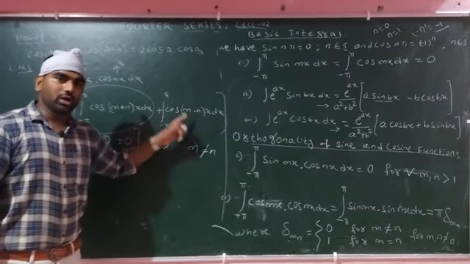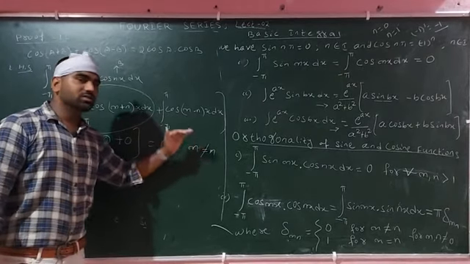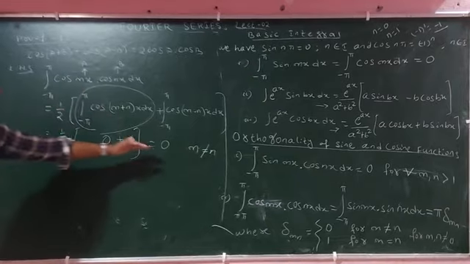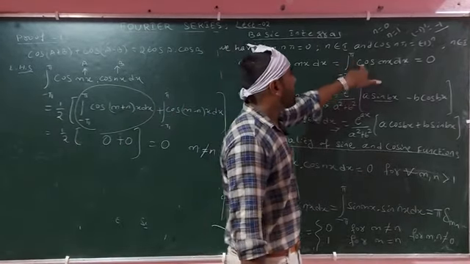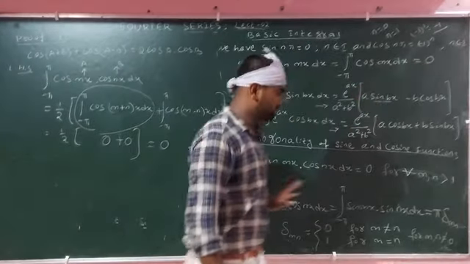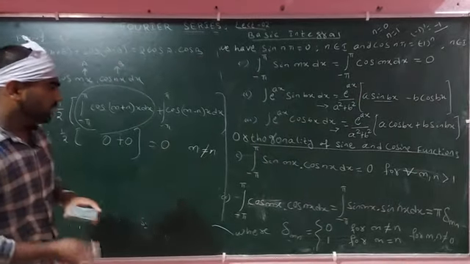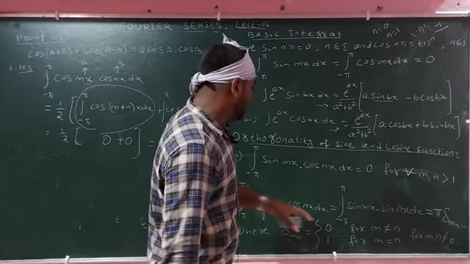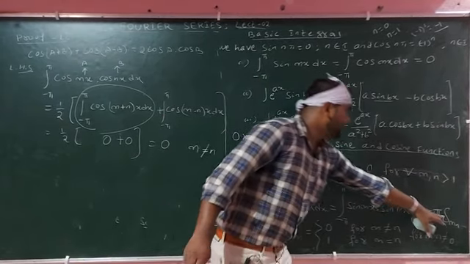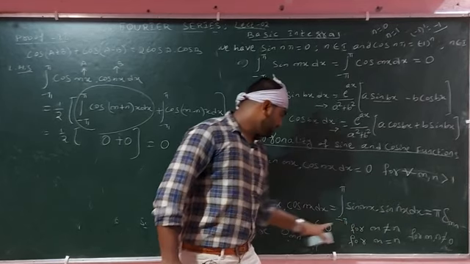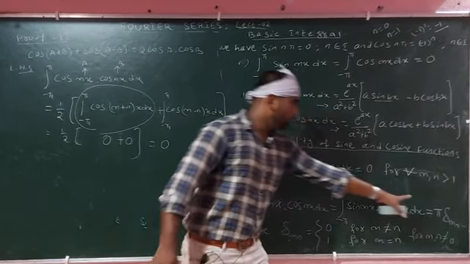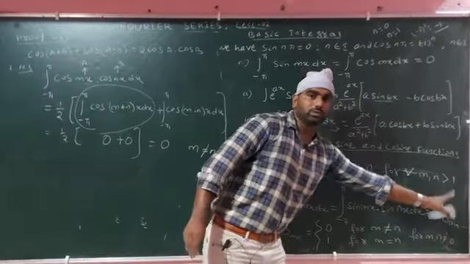So here we assume m is not equal to n, then that value becomes 0 by applying the identity integration from minus pi to pi of cos mx dx equals 0. So the Kronecker delta means pi delta mn. If m is not equal to n, then delta mn will be 0, so pi into 0 will be 0.